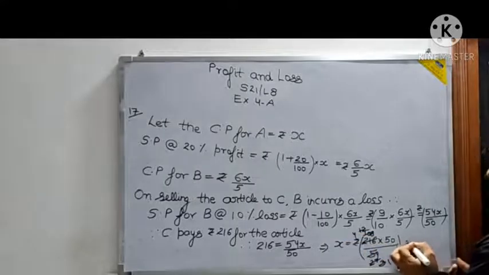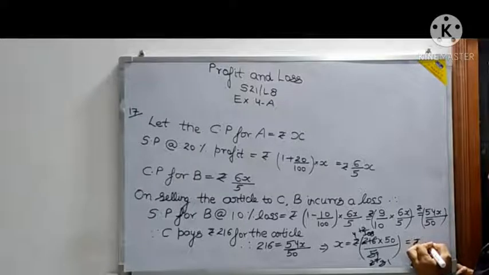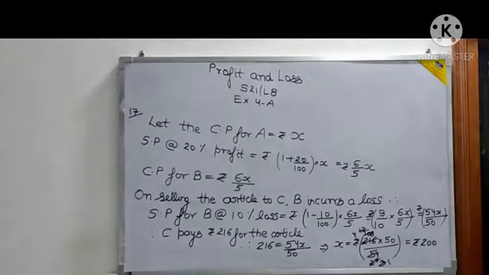So till how much rupees? 5 for the 20. Rupees 200. That means x comes to 200.